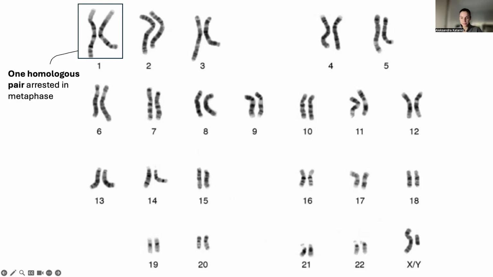In humans, each pair shows the maternal and paternal copy side by side. So here you've got mum's and dad's, or vice versa, we don't really know, but one copy from each parent. In humans, we've got 46 chromosomes, so 23 pairs, 1 to 23, and 1 to 22 are autosomes, and the last one is a sex chromosome.